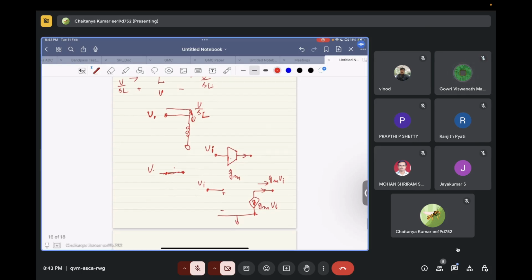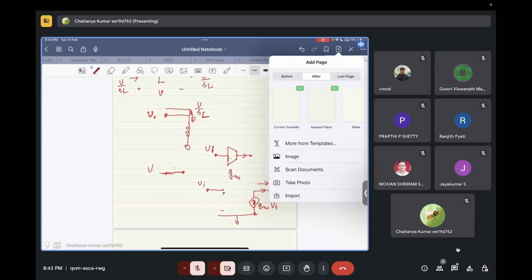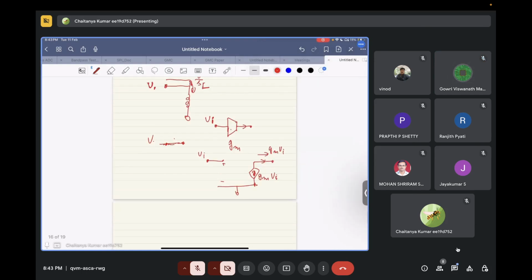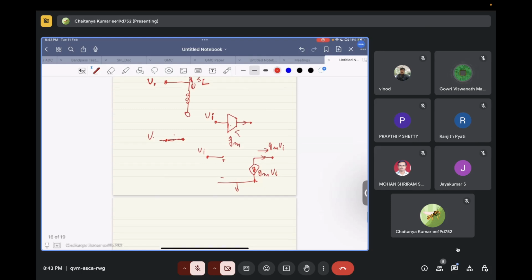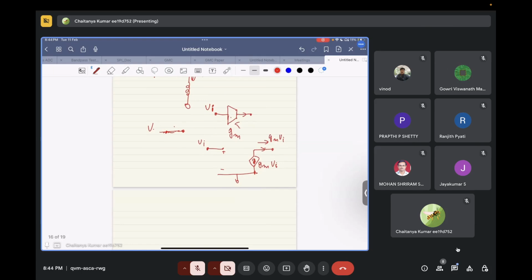Let's say this block is available to us. How can we make an inductor using this particular block, a transconductor? We'll see.